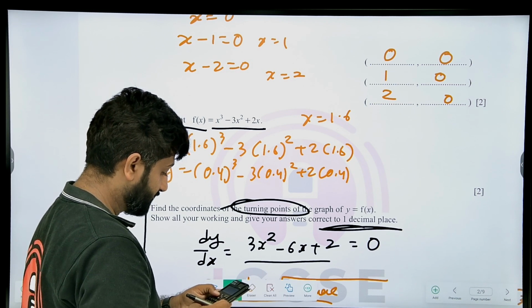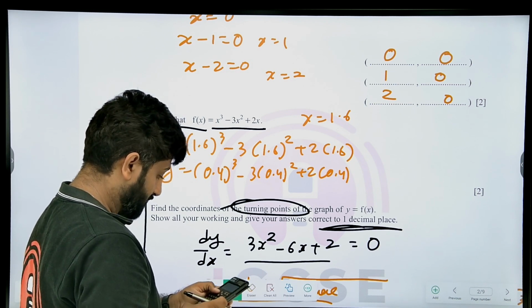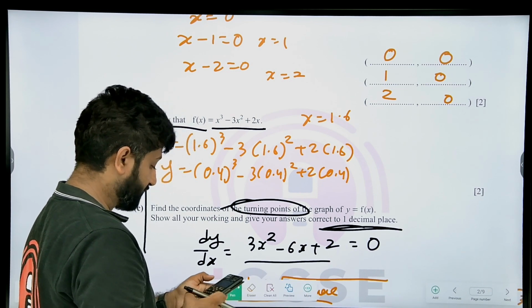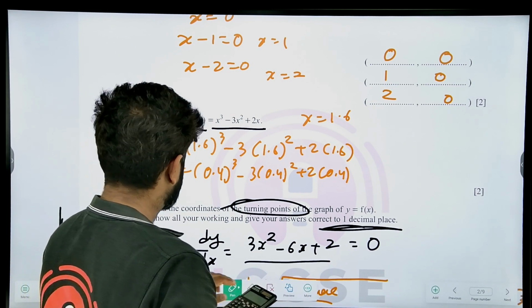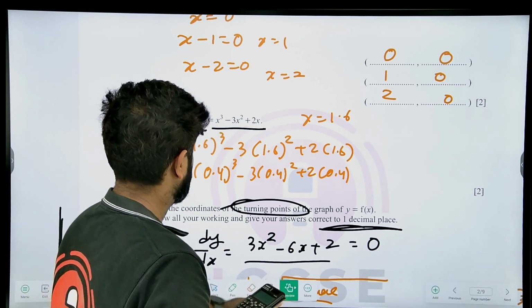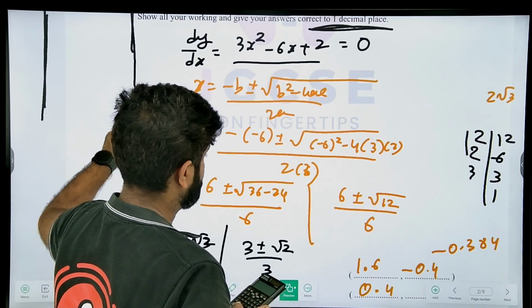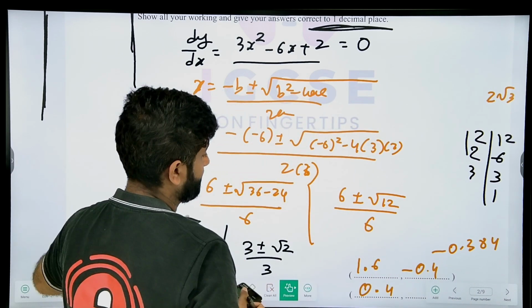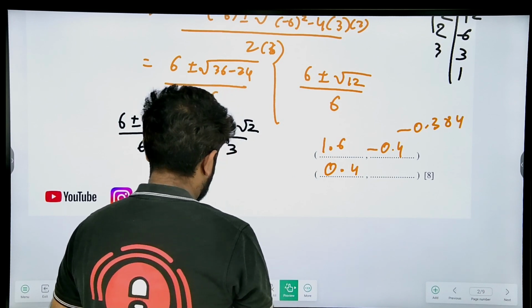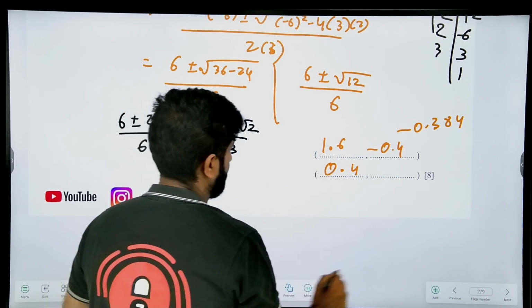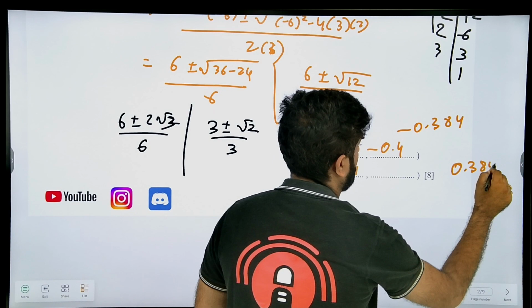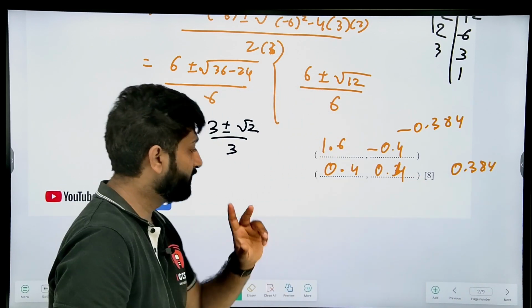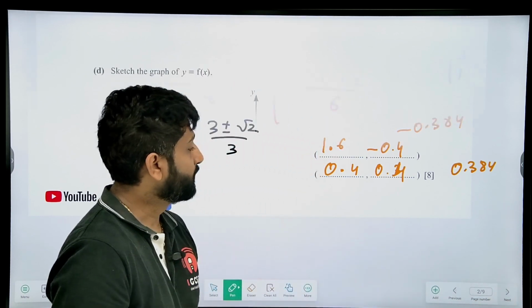So at this point the value of y is positive 0.384, or I read it as 0.4. Right, now the next part would be to plot the graph.